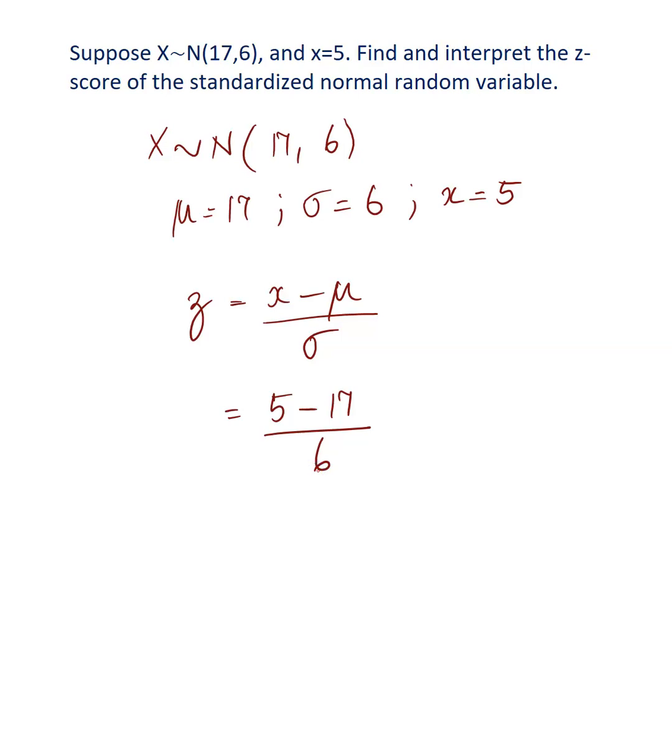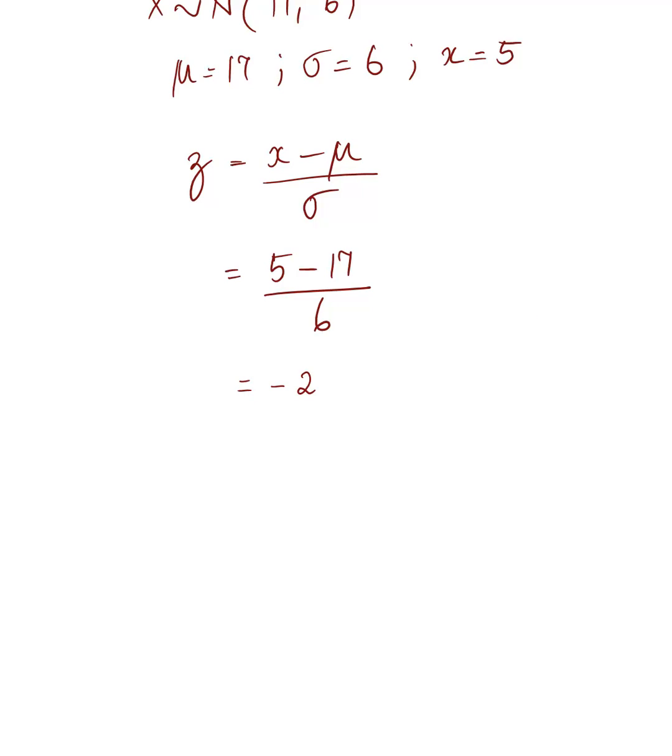If you did the calculation here, that will be negative 12 over 6, negative 2. So what does this negative 2 mean? Now I want to show the scale difference that takes place here. Let's say this is the x scale. Okay.